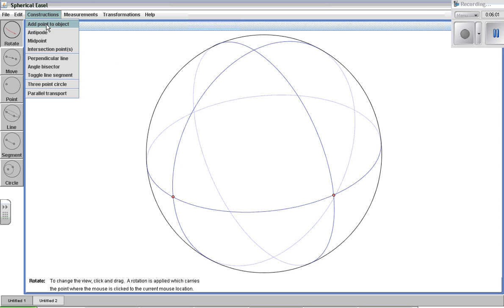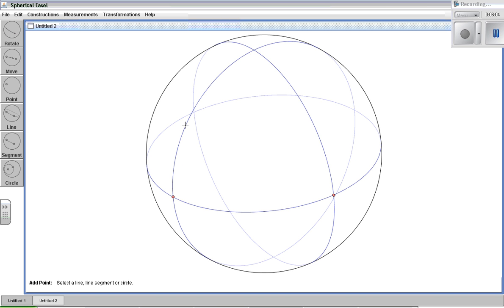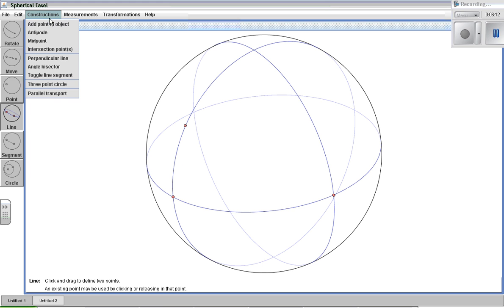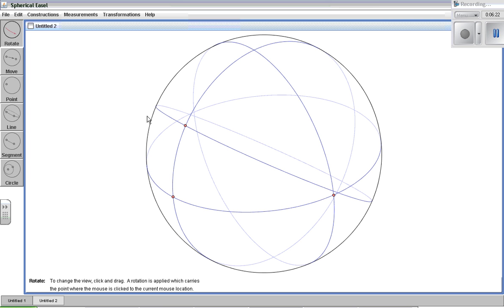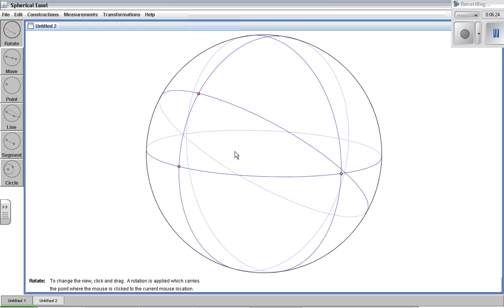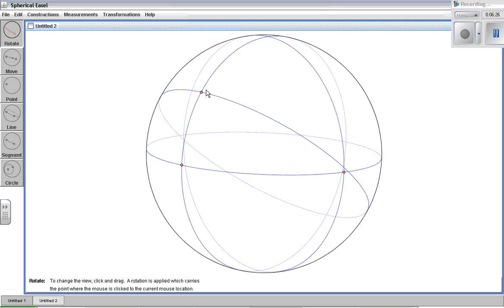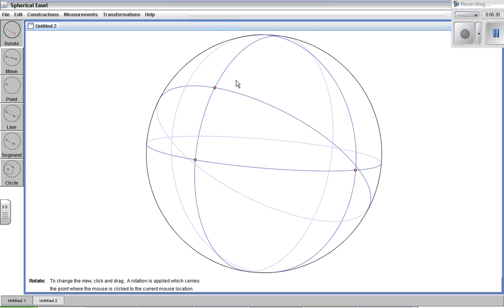If we add a point onto this line, and let's make another perpendicular line through that point, what I was trying to get here is 4 right angles.